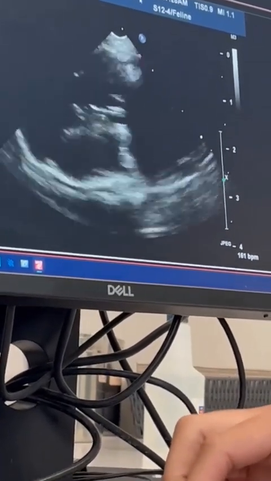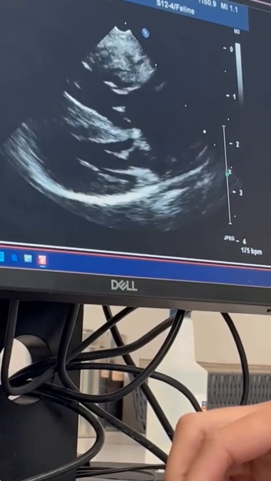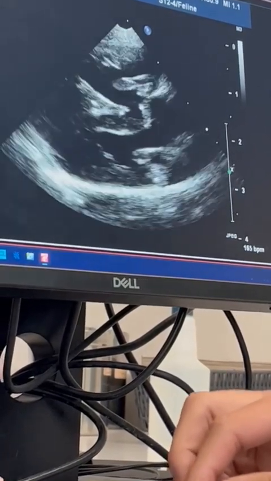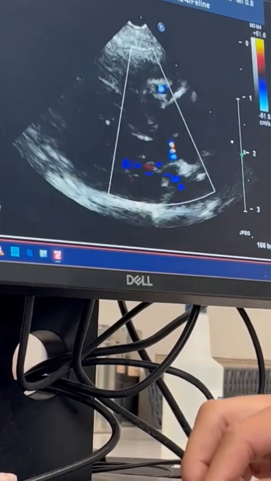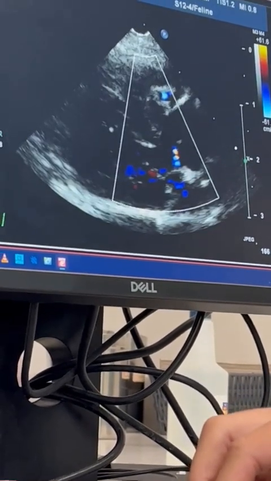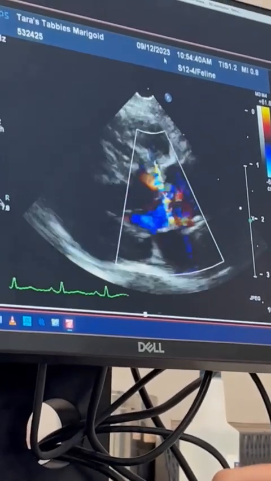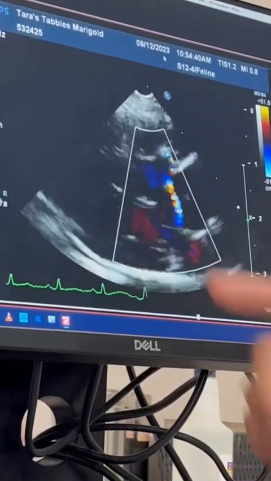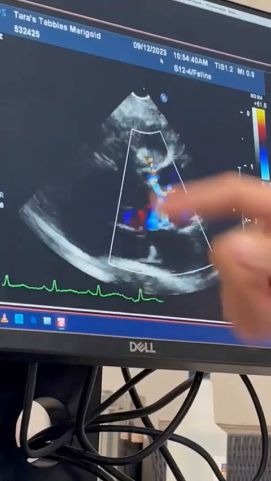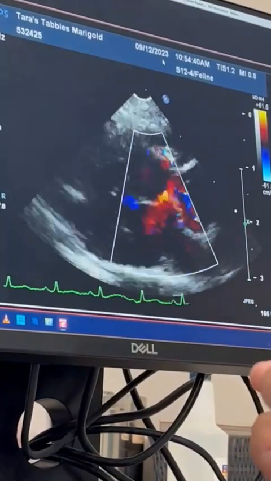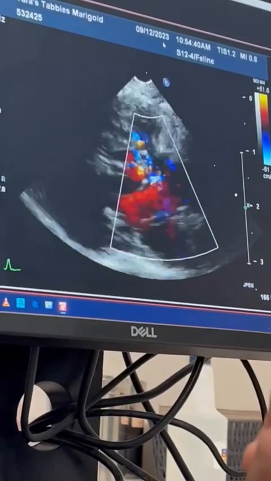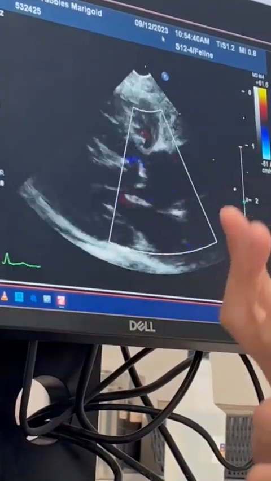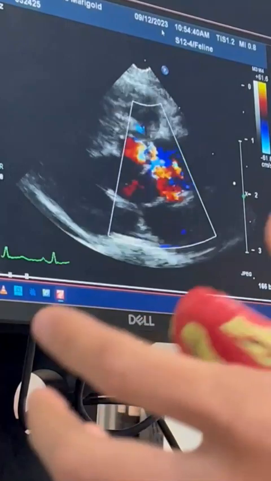Then we start looking at whether there are any congenital defects. This is called a color Doppler, which we put on a different mode so that the color tells us the direction of the blood flow.